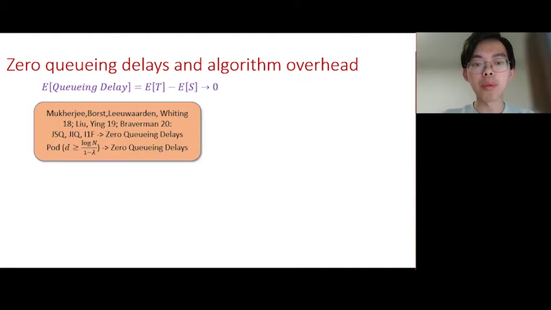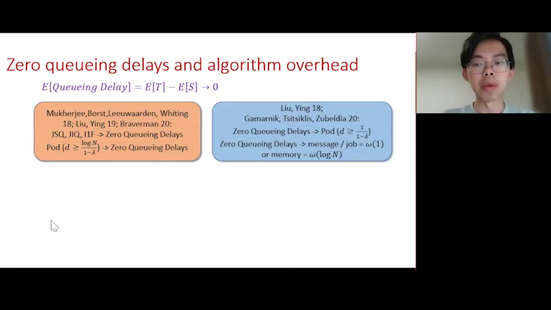It has been shown that when the traffic load is low, it's not quite heavy, join the shortest queue, join the idle queue, and idle one first can all achieve zero queuing delays. It also holds for power of d when the sample ratio d is at least log n over 1 minus lambda. Here lambda is a value between 0 and 1, measuring the traffic load in the system.